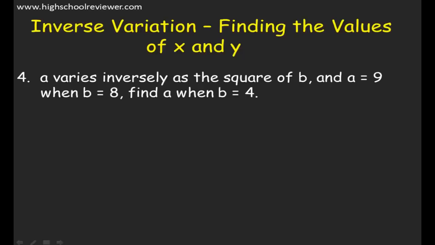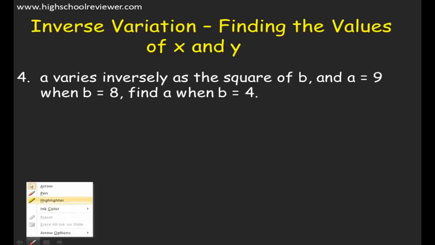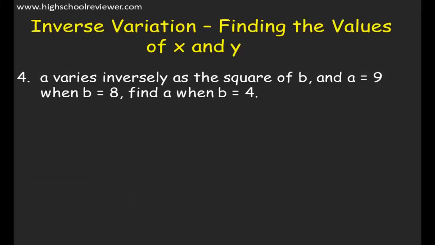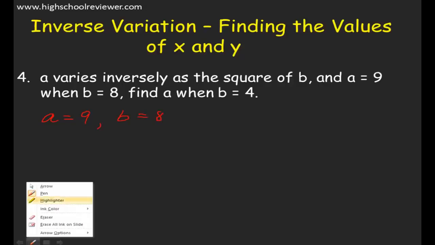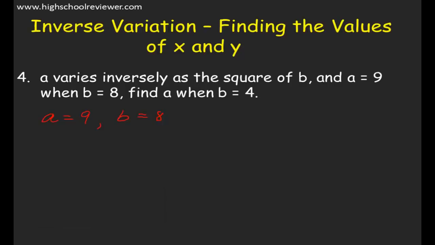Problem number 4. A varies inversely as the square of b, and a is equal to 9 when b is equal to 8. Find a when b is 4. So the first value for a is 9 when b is equal to 8. Our equation will be based on the problem, and that is a varies inversely as the square of b.